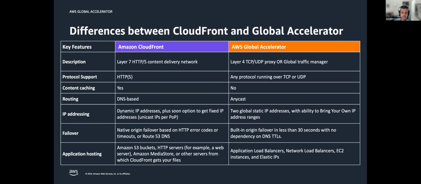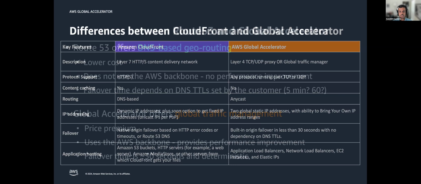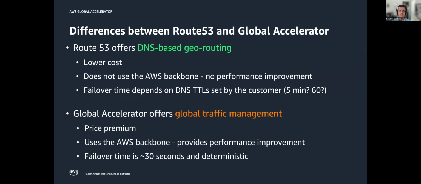of topics there in terms of understanding the application use cases, and that's where partners come into the picture, where they can help you understand what kind of applications are suitable for which type of edge service. Finally, a brief summary of differences between Route 53 and Global Accelerator.